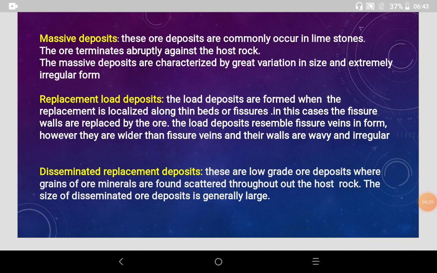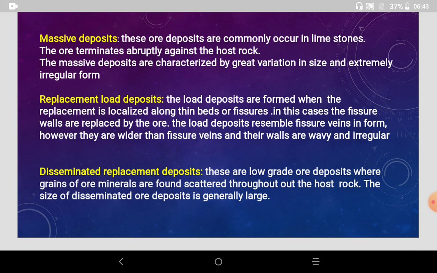The massive deposits are of irregular form and vary in size. The replacement may start from a fissure with a bold face of massive ore against the country rock. It may thicken and thin with wavy outline and be irregular in all directions.